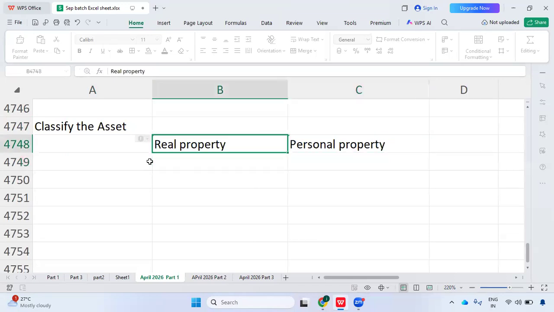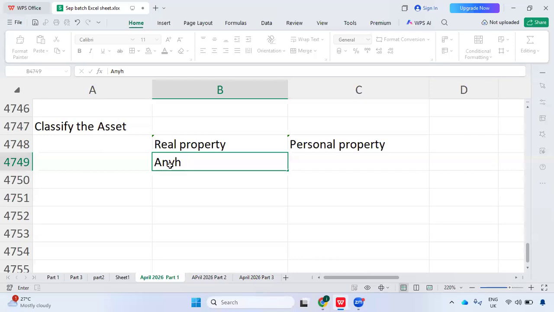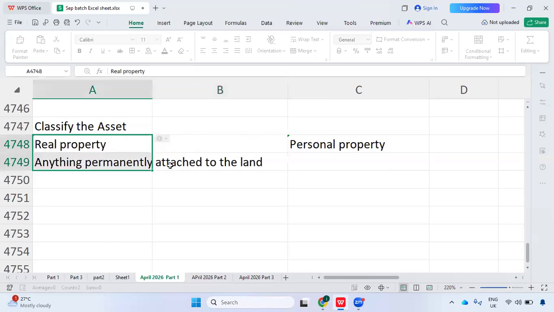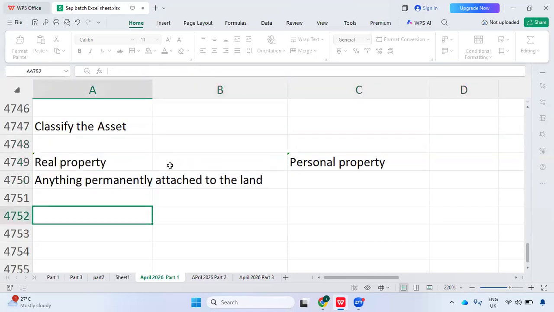So what is real property? Real property means anything permanently attached to the land. What exactly does it mean? Let's say there is a building.